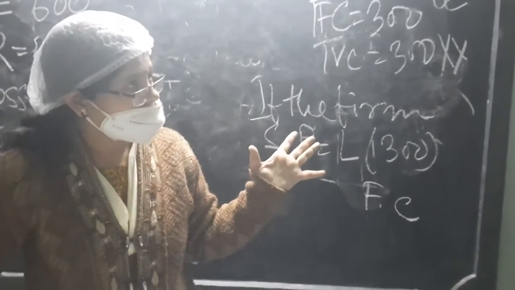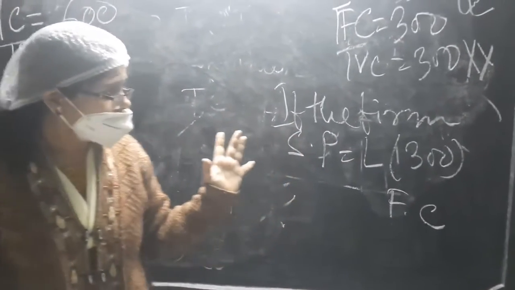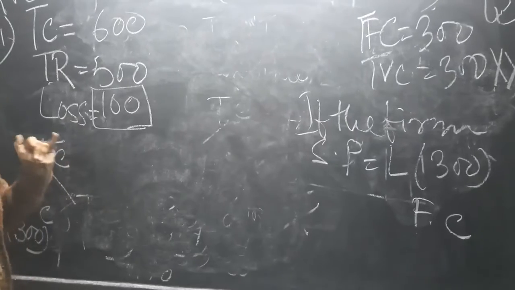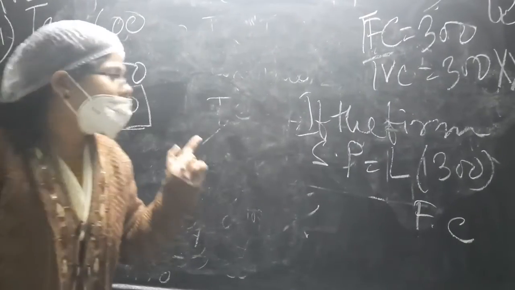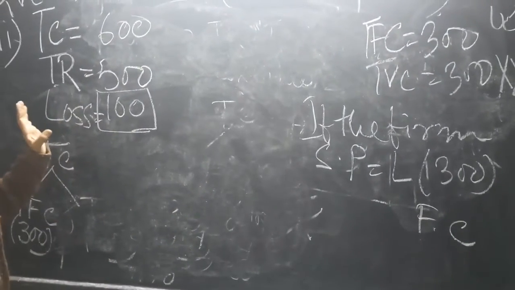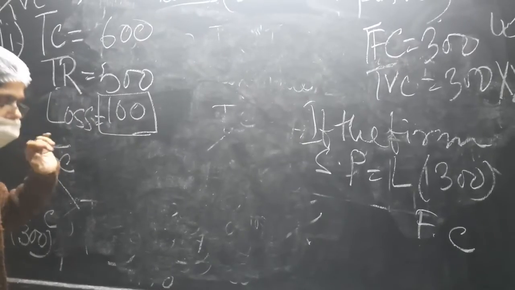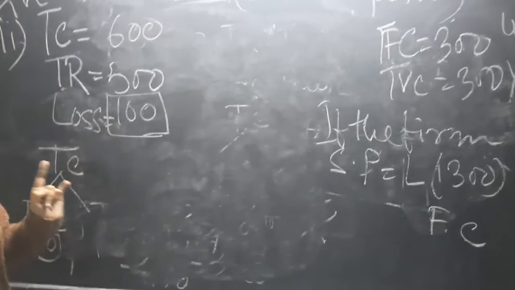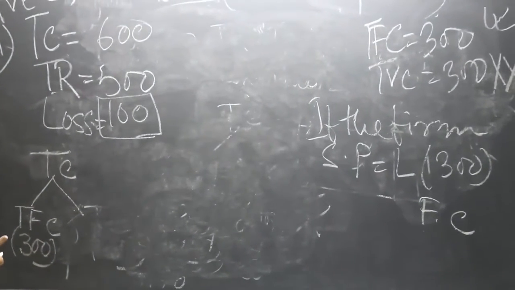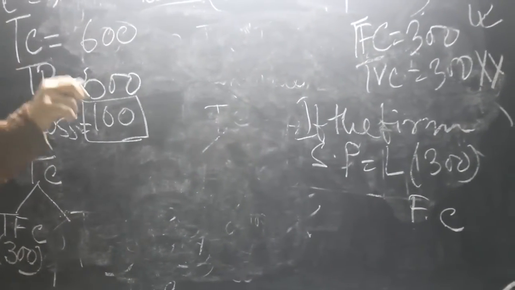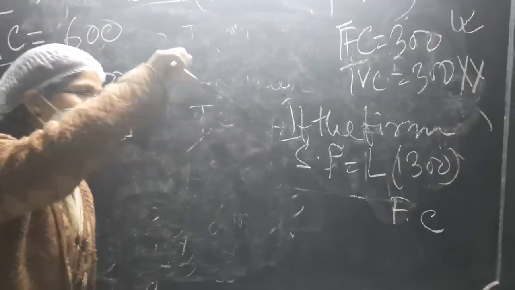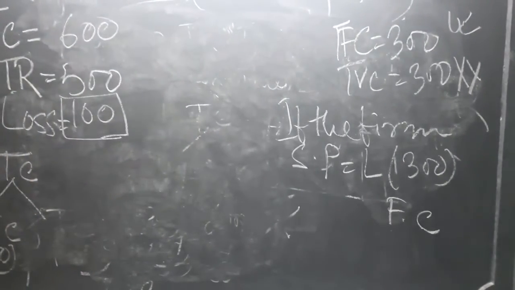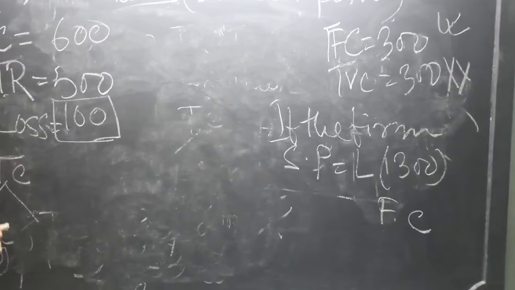Am I clear? Understood? That is the thing. What will the firm do? The firm knows that it is suffering a loss of 100 rupees. But the firm will take the decision: I will continue the production and operate on the existing units that I am producing.